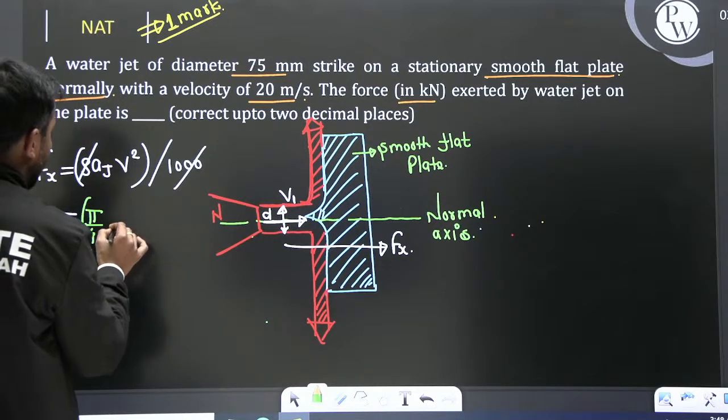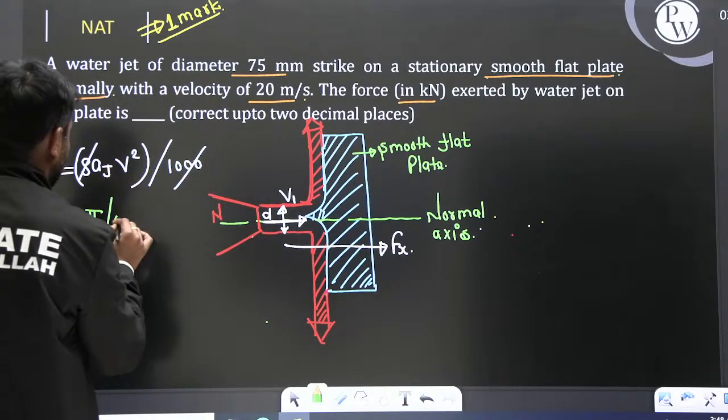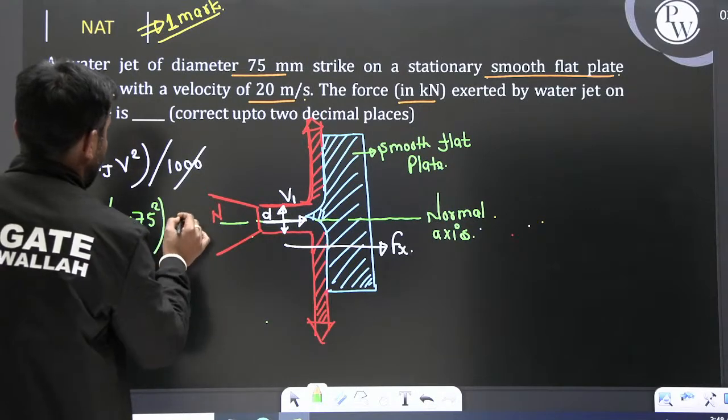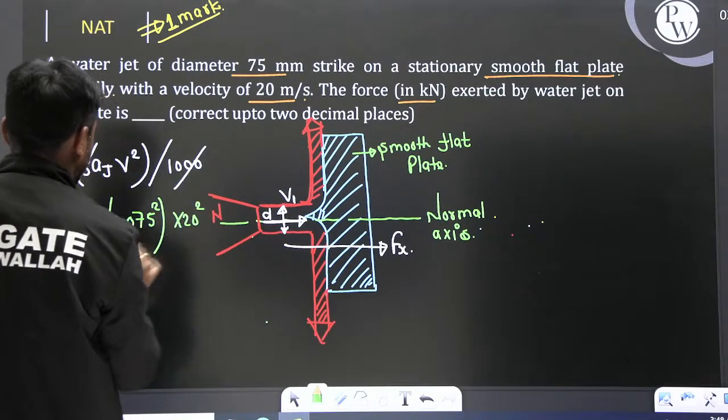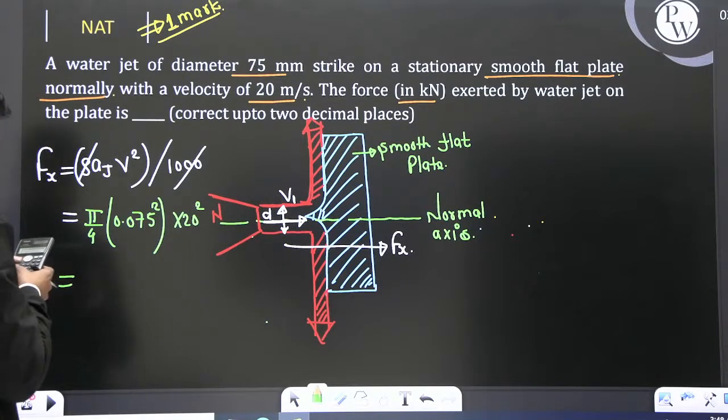So area of the jet is pi by 4 times the diameter squared. Diameter is given as 0.075 meter, and velocity is 20 squared. So you get 0.075 squared multiplied by pi divided by 4 and multiplied by 400.